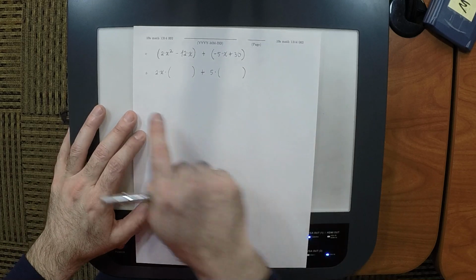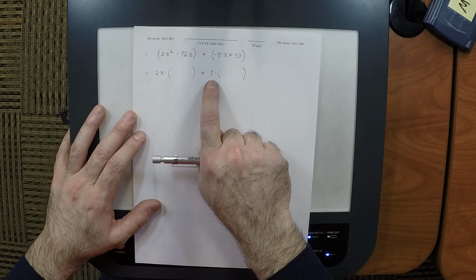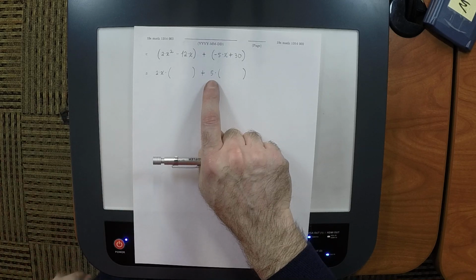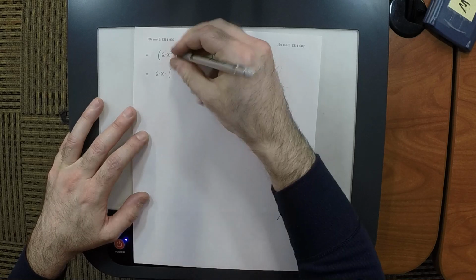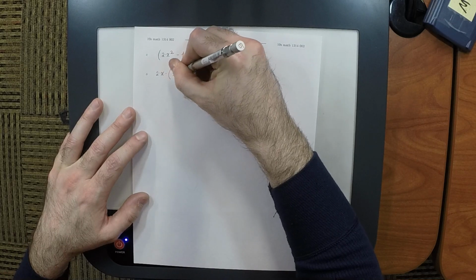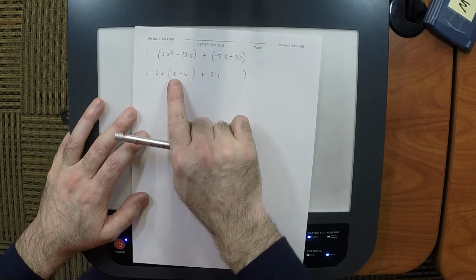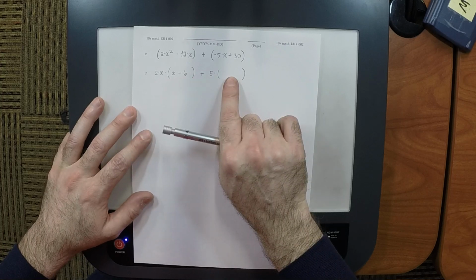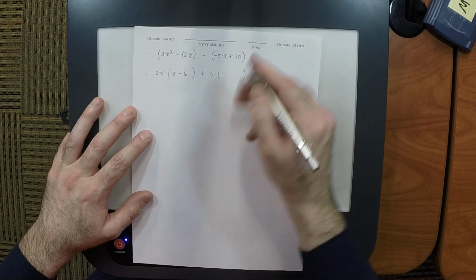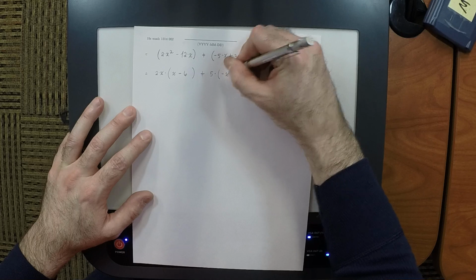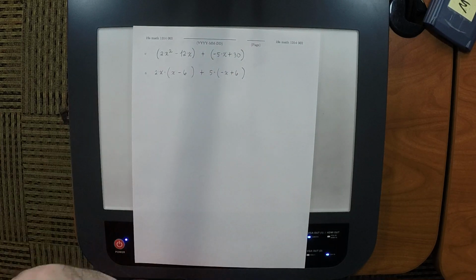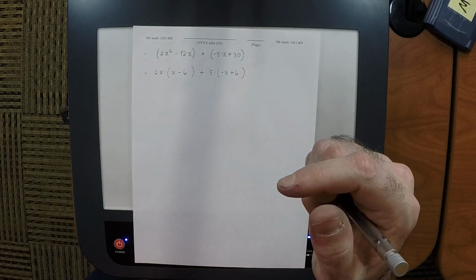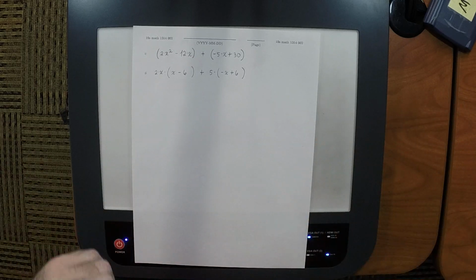But suppose I made a choice. It wasn't clear, it was sort of like a 50-50. I made this choice. Let's see what happens. So if I factor out 2x, then for this one I get x minus 6. And what do I get for this one? I get negative x plus 6. So is that what we wanted? It's not, right? So can you see these are not the same?